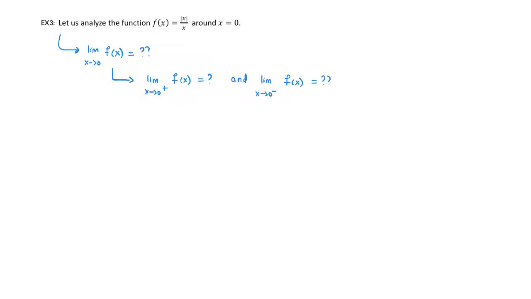I'm going to have to figure that out. And what I want to find out is that they're equal to each other. In other words, I want the two limits to be identical. If the two limits are identical, then the limit at 0 exists. The double-sided limit exists.